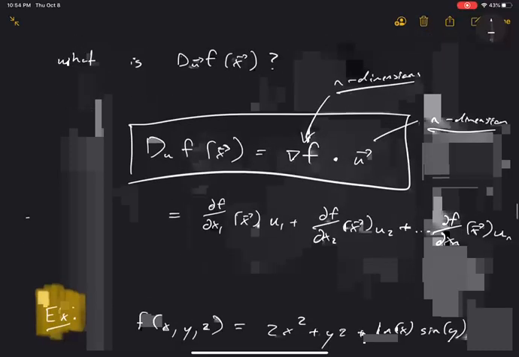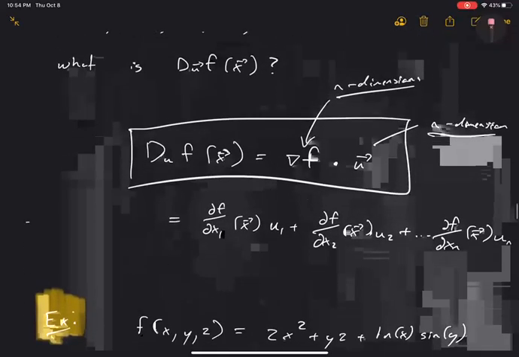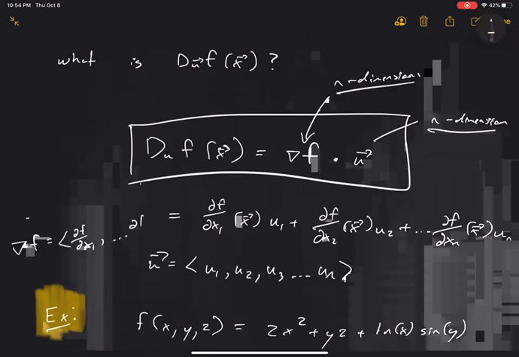So let's say u, instead of a and b now, is the vector with the components u1, u2, u3, and so on up to un. And then my del f is df dx1, etc. to df dxn. Well, then my directional derivative is going to be the dot product of those two.